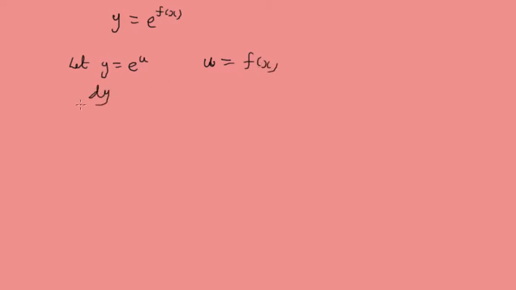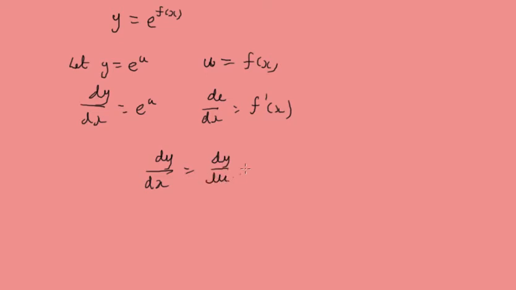So dy by dx is going to be equal to e to the u, and du by dx is going to be the derivative of f. So dy by dx equals dy by du times du by dx, which is the exponential of u times the derivative of f of x.